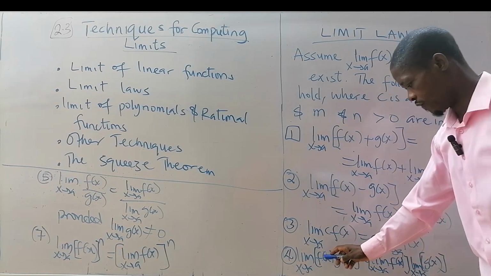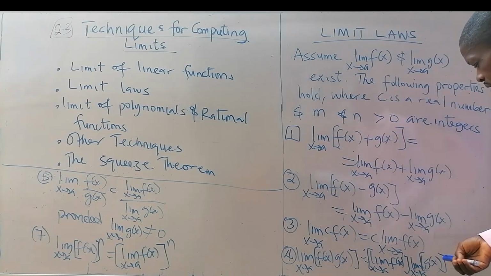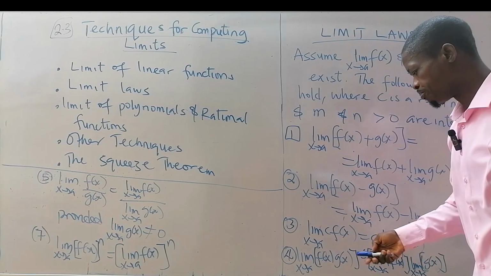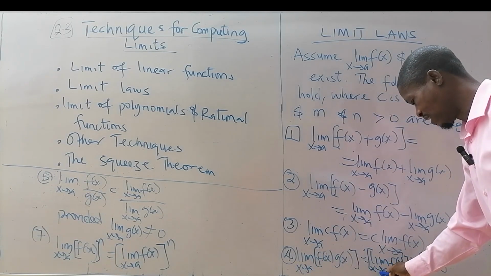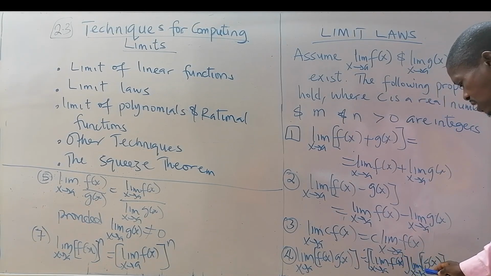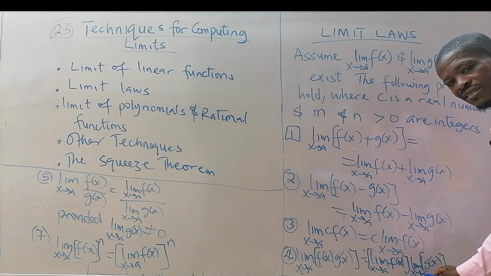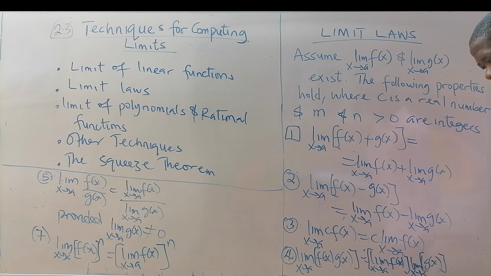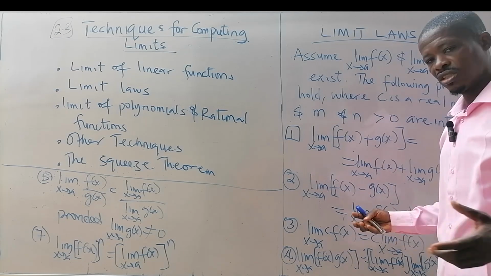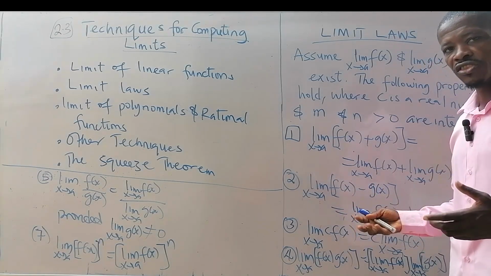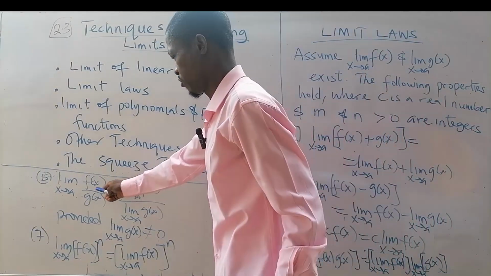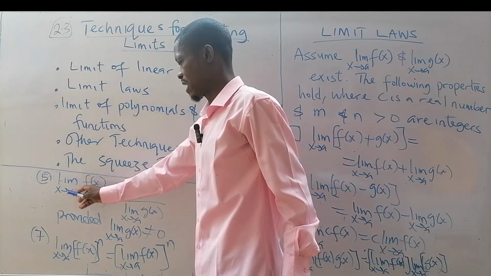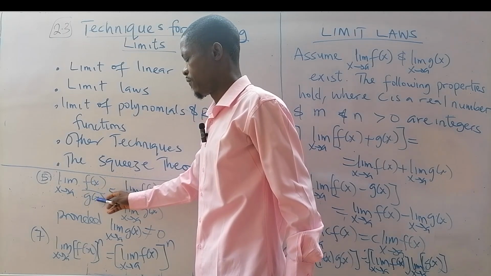Then the limit of a product of two functions, or even three, as x tends to a, is the limit of f of x as x tends to a times the limit of g of x as x tends to a. So the limit of a product is the limit of each of those functions, multiplied together. Then the limit of a quotient function, as x tends to a.